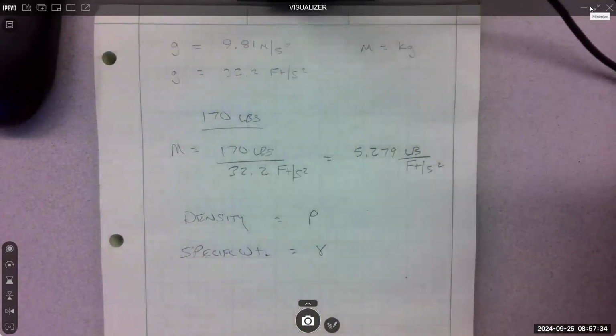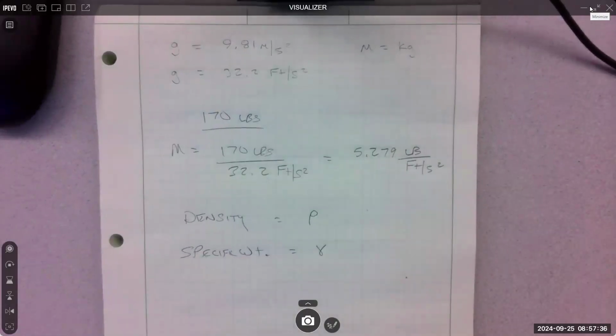Now, it's going to be a bit opposite of what you typically think. Most people out in the world think density is pounds per cubic foot, how much it weighs per volume.